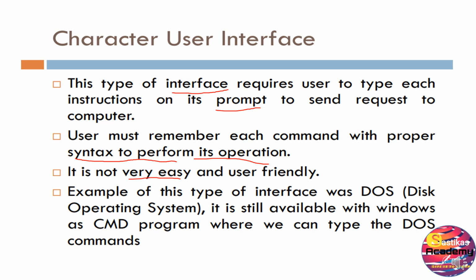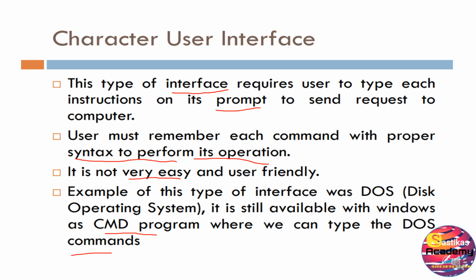An example of this type of interface was DOS, Disk Operating System. It is still available with Windows as a CMD program where we can type the DOS commands. For the internal operating systems and systems, we are used to giving the DOS commands. According to the understanding mode of the operating system, we have to give the commands.